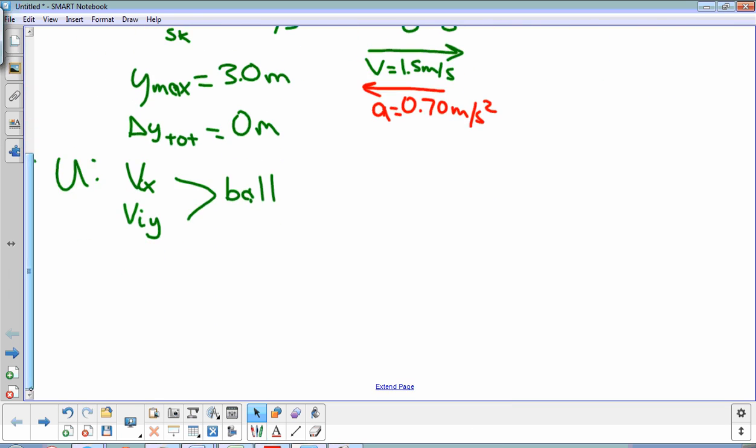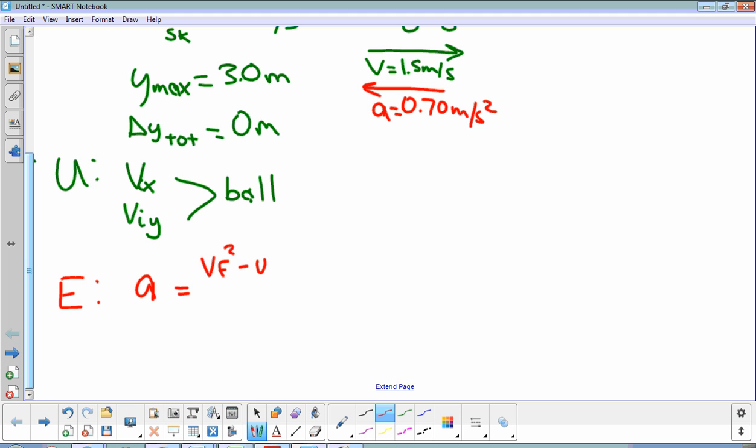Okay, using what I'm given and what I've got unknown, the first thing I am going to solve for is ViY. I'm going to use an equation using the givens that I have and the unknowns. So I got to pick my equation, I guess. I'm going to use A is equal to V final squared minus V initial squared over 2 delta y.